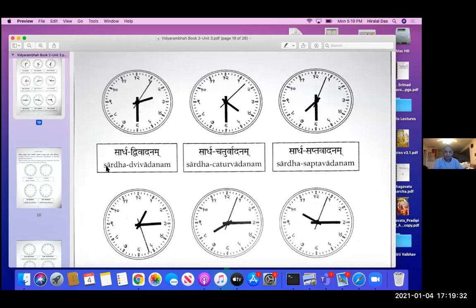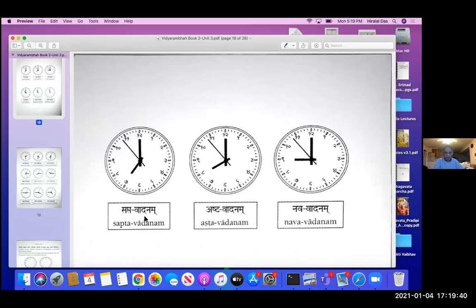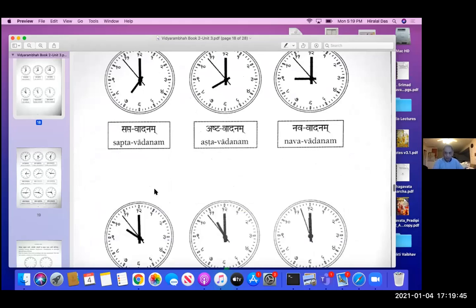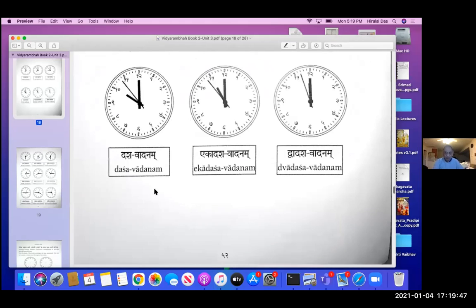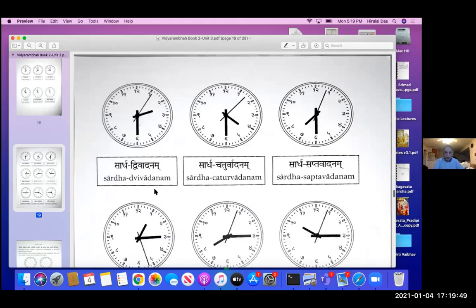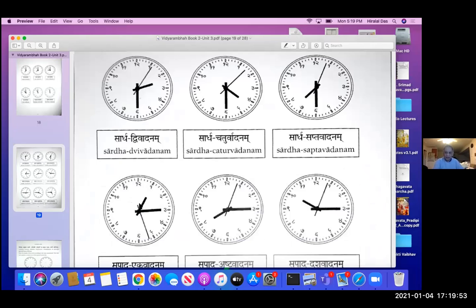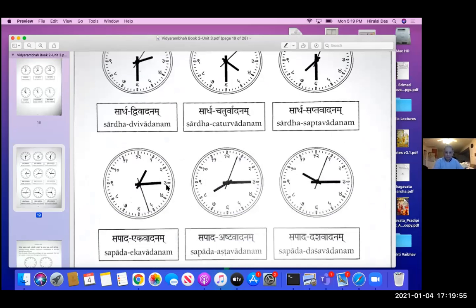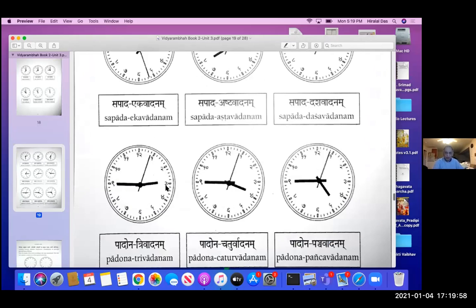For example, the position of the long hand for 30 minutes, Sarda, is 6. For 15 minutes, Sapada, it's 3. And Padon is when the long hand should be at 9. So 3, 6, 9.